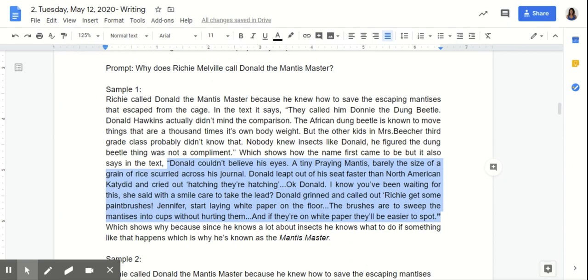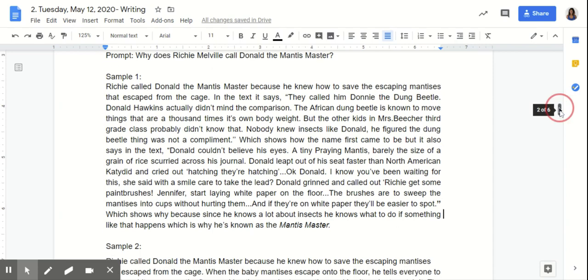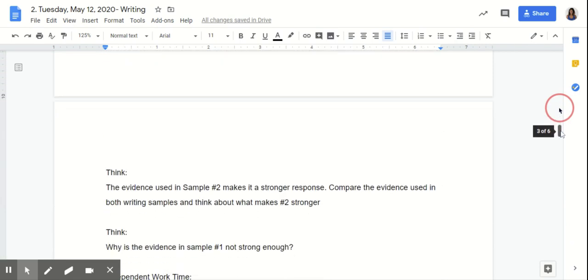It's going into other things that we also don't need. Like he saw a tiny praying mantis barely the size of a grain of rice scurried across his journal. So these are kind of things that we don't need there, which is why sample one is not as strong as sample two at all.